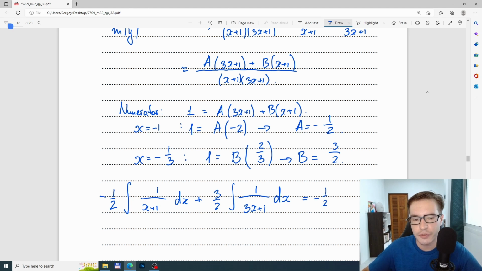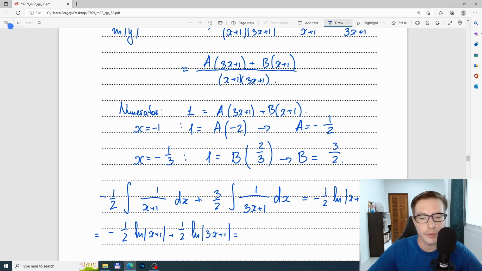We got minus 1 over 2 natural log x plus 1, plus 3 over 2 natural log 3x plus 1. And then to compensate for the chain rule, don't forget to divide by the number next to x, which is 3 in this case. So altogether, we have minus a half natural log x plus 1 plus 1 over 2 natural log 3x plus 1.